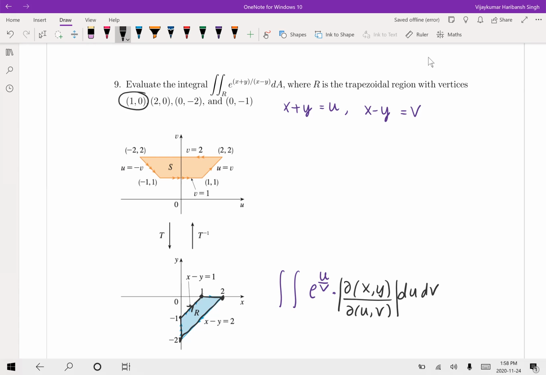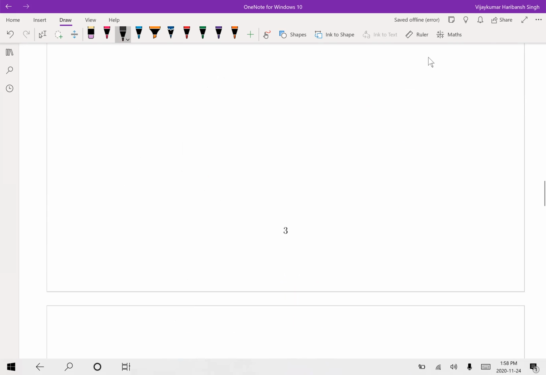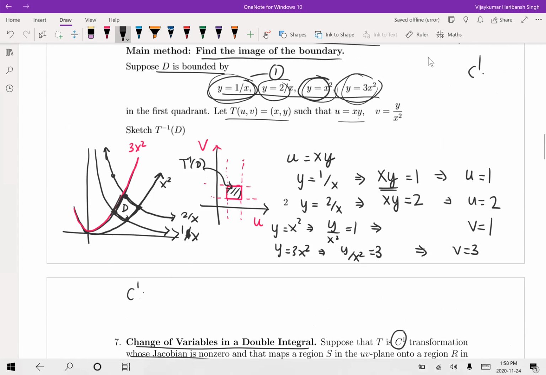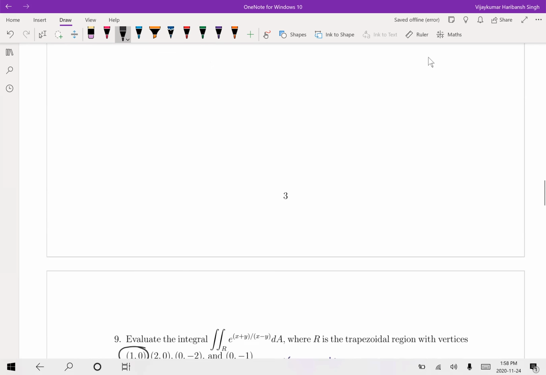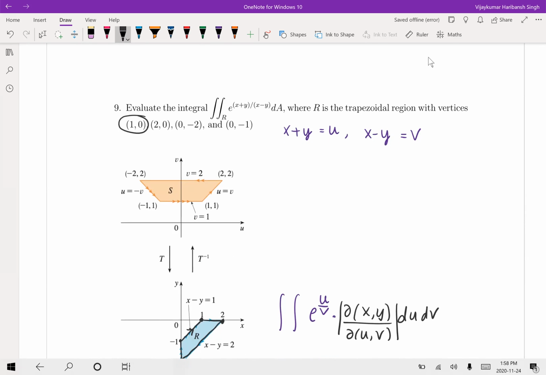So we need to find it. For computing that, we need the partial derivative of x with respect to u, and of y with respect to u, and so on.